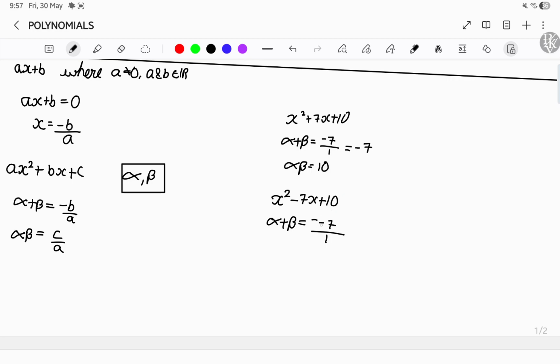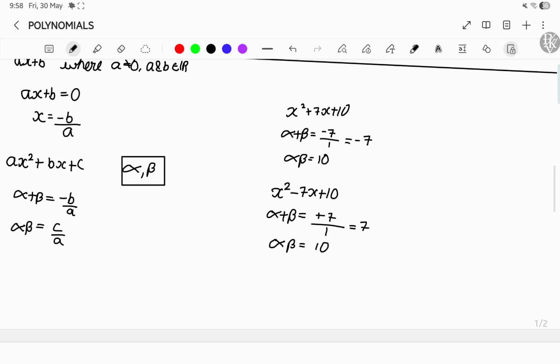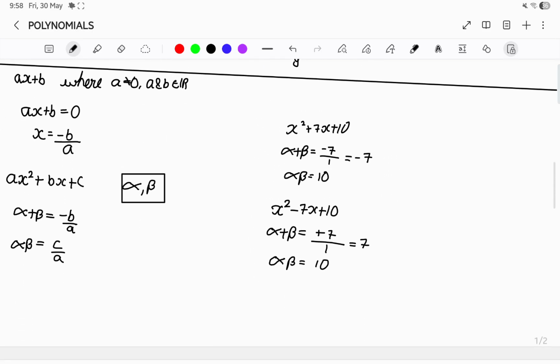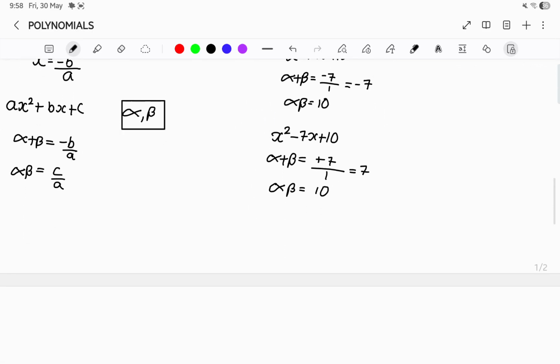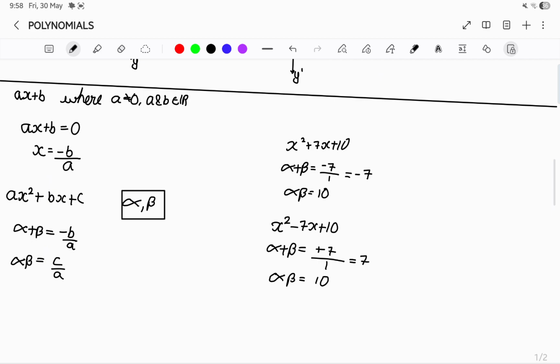If you have two minuses like this, turn that into a plus. Alpha plus beta will be equal to 7. Alpha beta will be equal to 10 by 1, which is 10. Okay, so we tried that for two quadratic polynomials. We tried this relation.